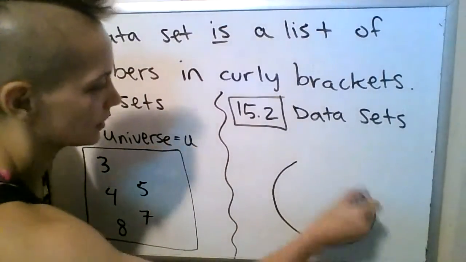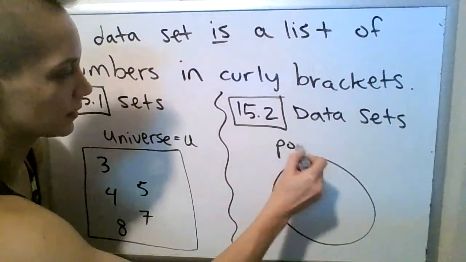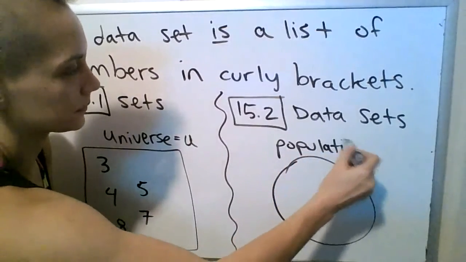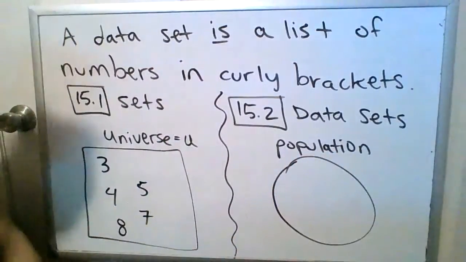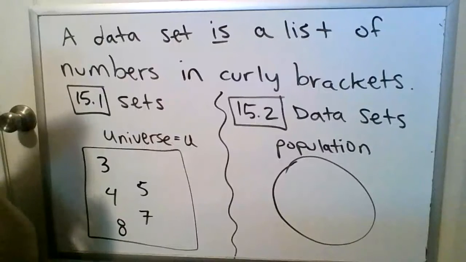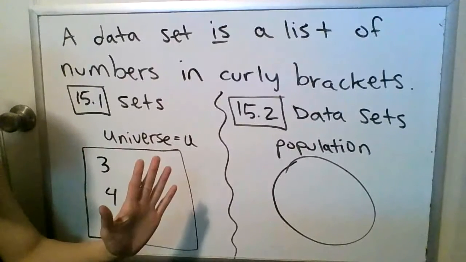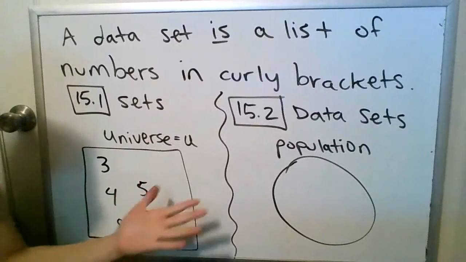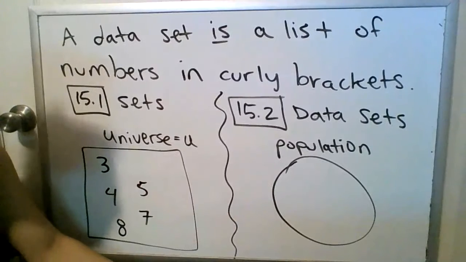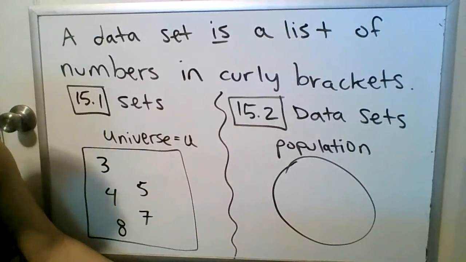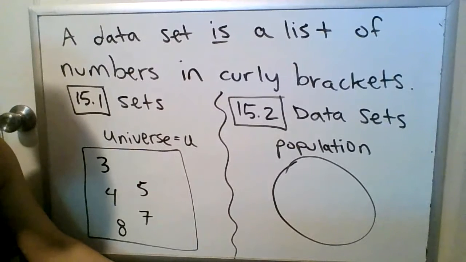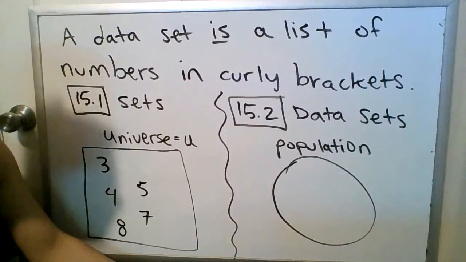it's called a population. Let's say that there are 5 people in the population and we're interested in how many cats each person owns, like the question we had earlier.